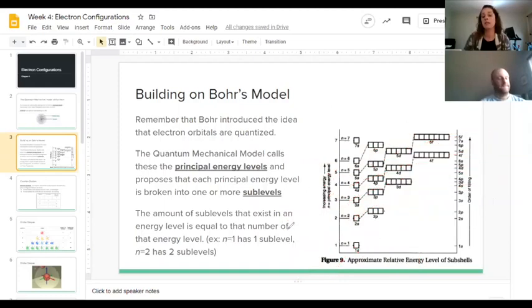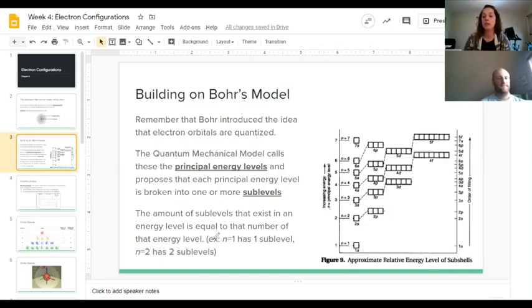Something that's important is that the number of sublevels in a particular energy level matches that energy level's number. This is written kind of wordy, but what it means is that in the first energy level there's one type of sublevel, in the second energy level there are two types of sublevels, in the third there are three, and in the fourth there are four. And this keeps going.